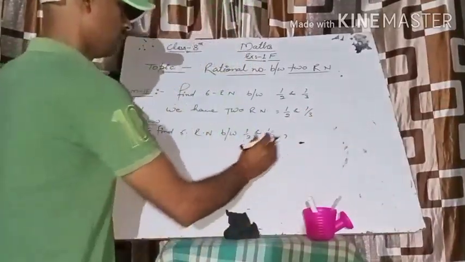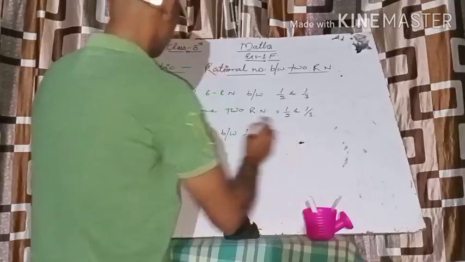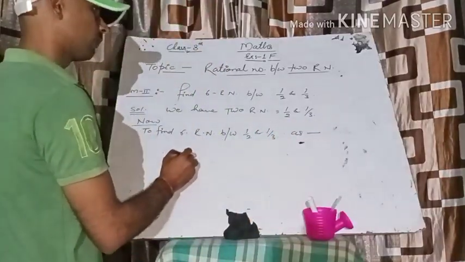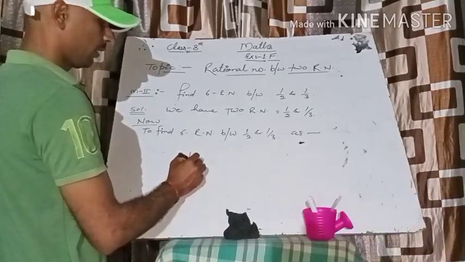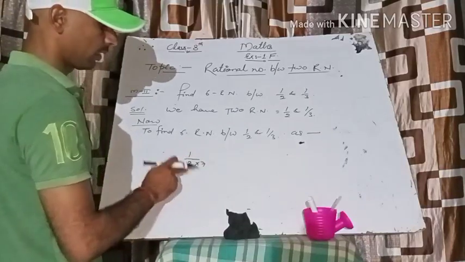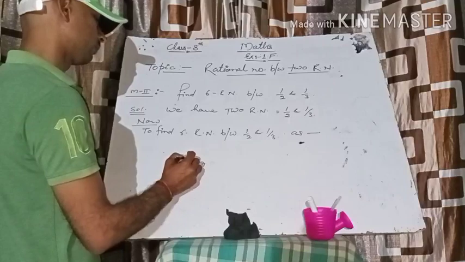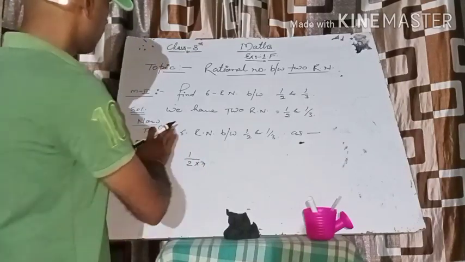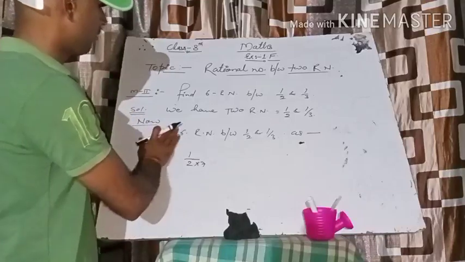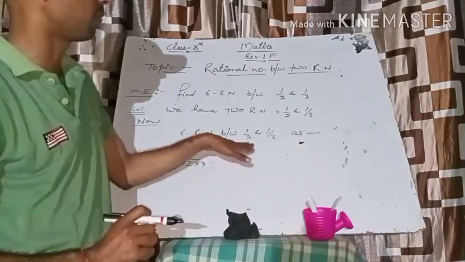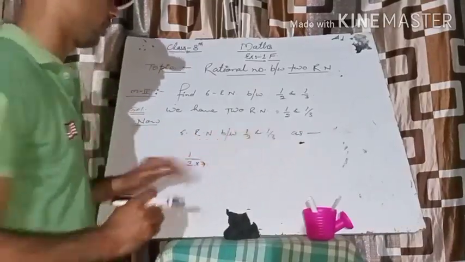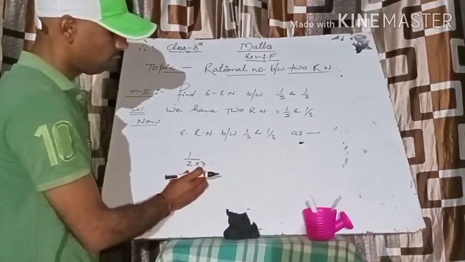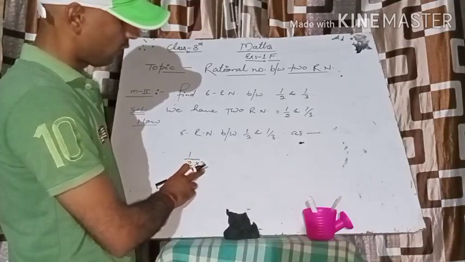How? 1 upon 2, multiply by 7 in both numerator as well as denominator.